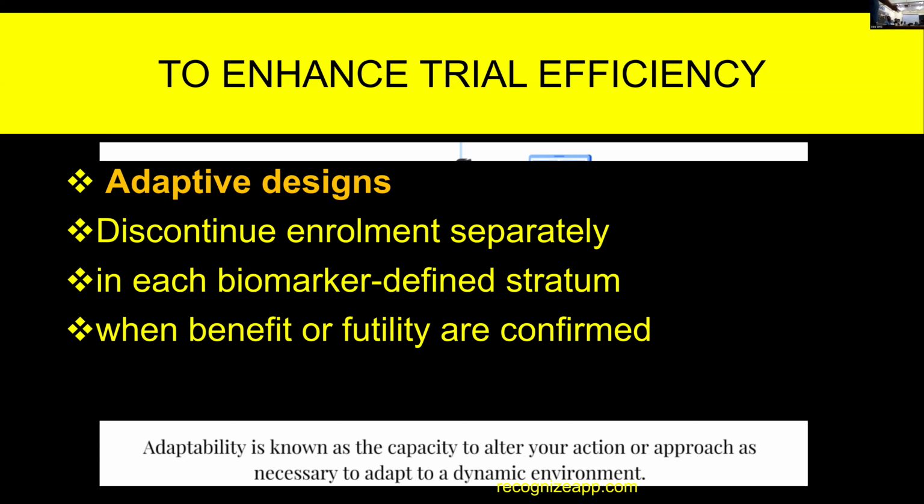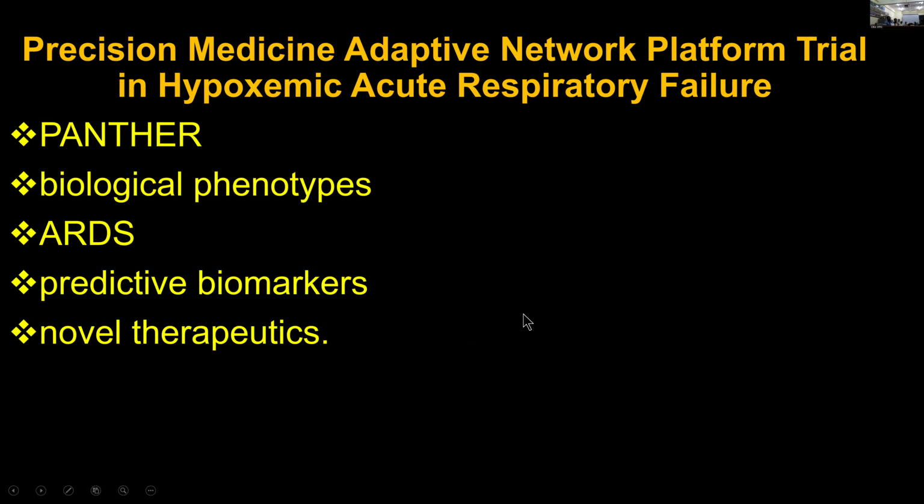No future enrollment of patients with low calprotectin for futility. Or we may find all those high calprotectin are benefiting maximally. So we may decide only to include them or to exclude those people and start giving them out of the trial antibiotics straight. This is called an adaptation based on the benefit or the non-benefit of a subgroup.